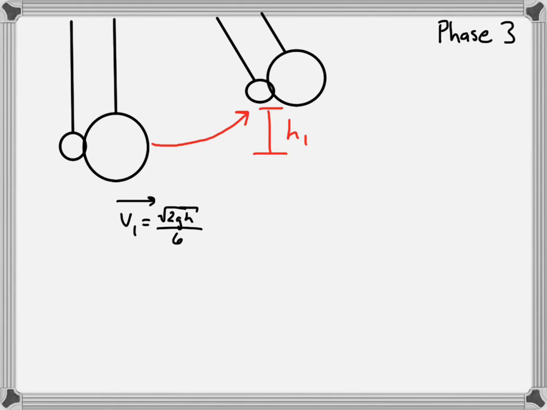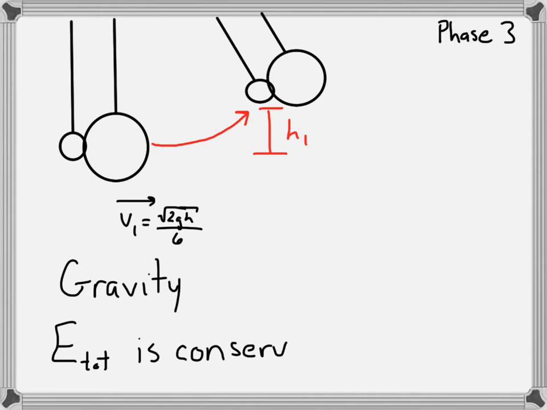Now, in this process, gravity is obviously changing this blob's velocity, so we can't say that momentum is conserved in this process, but again, it's a conservative force, so we can say total mechanical energy is conserved. So now I'm going to go back to mechanical energy conservation.